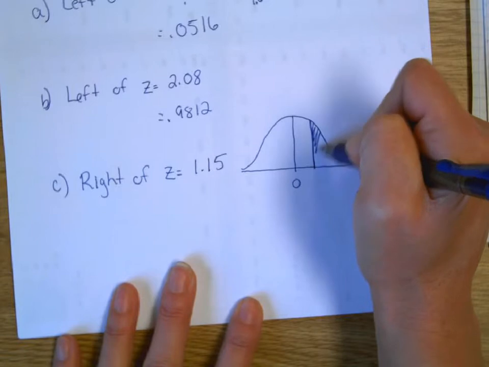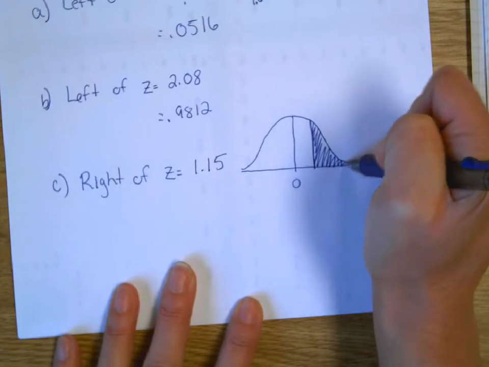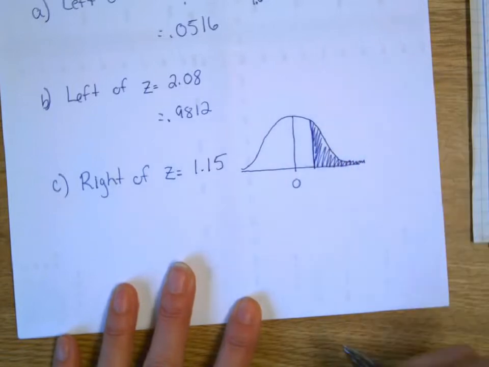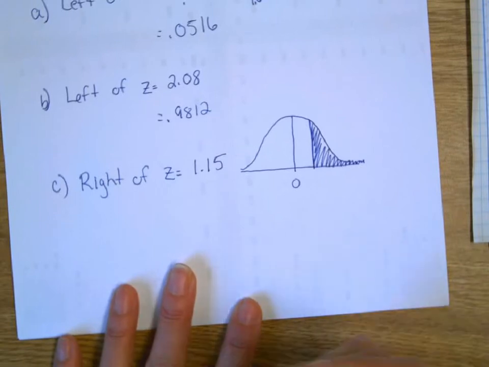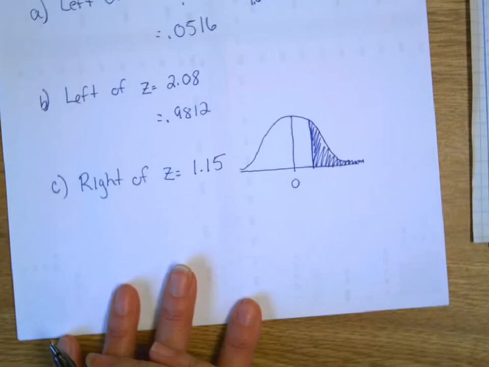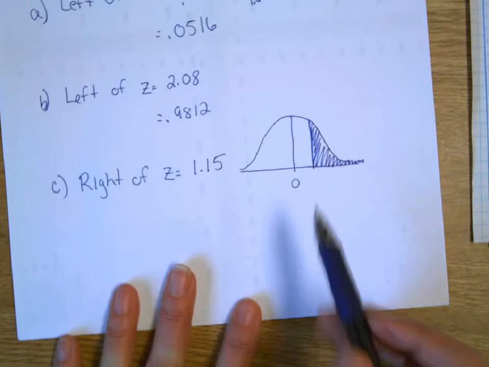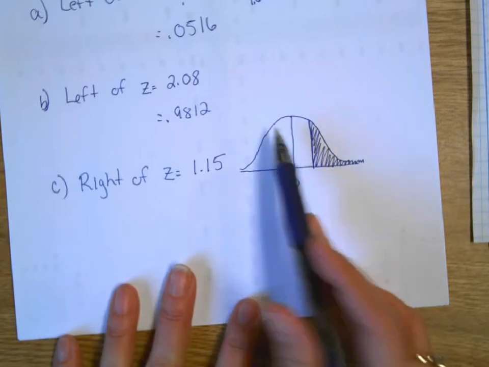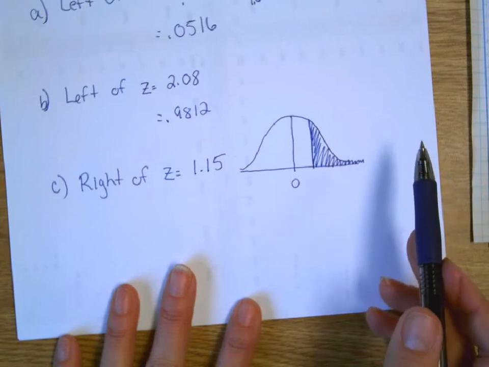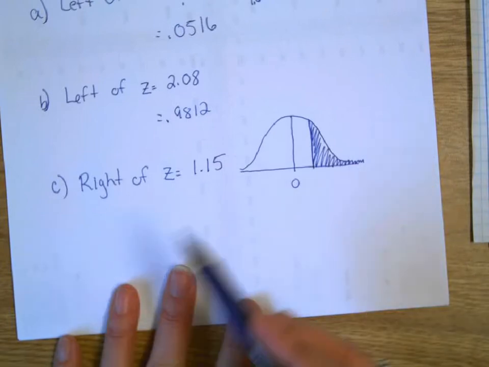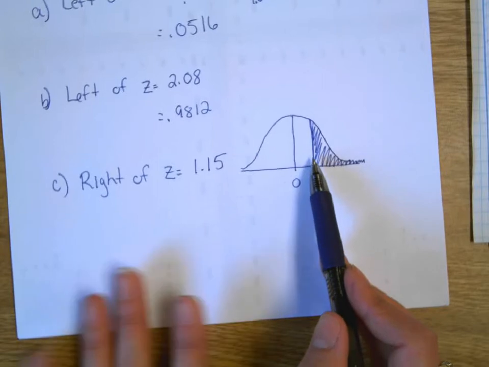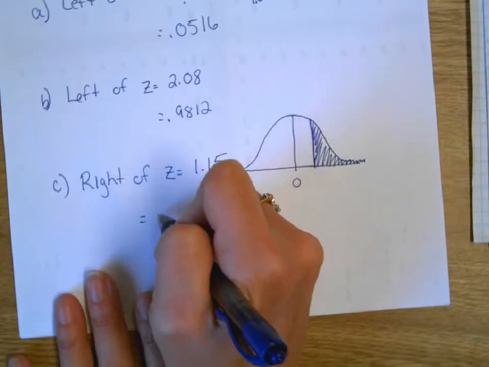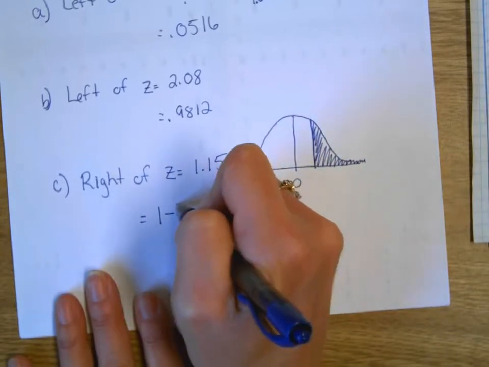I'm looking for this area. The table will only give me the area to the left. But what do I know about the total area under the curve? It adds up to 1. So what am I going to do if I know the area to the left? Subtract from 1. So it's going to be 1 minus what you look up in the table. 1 minus the table value.